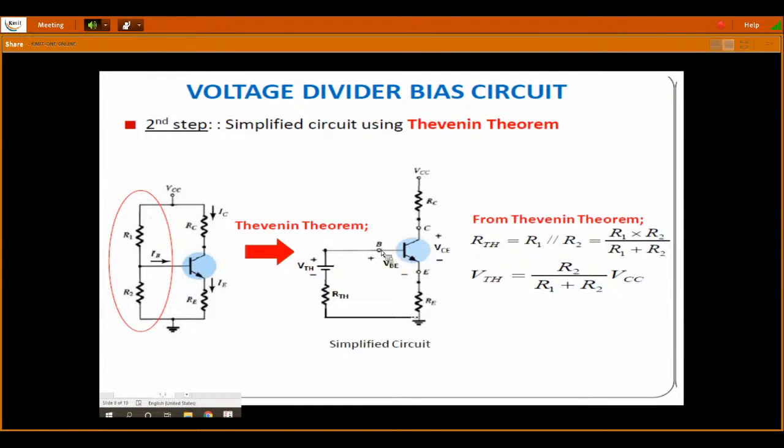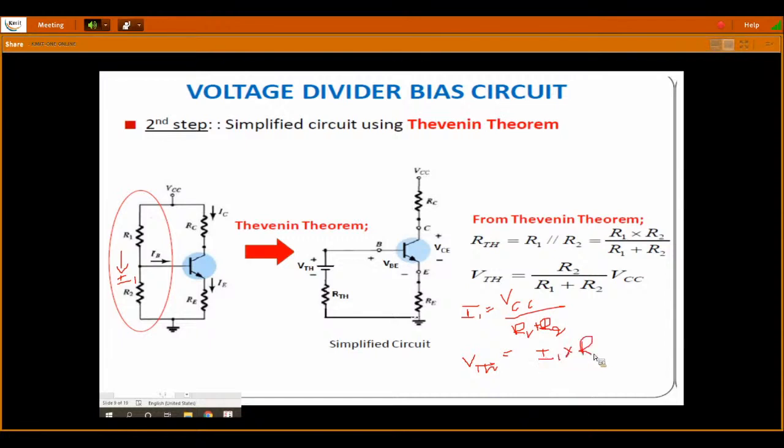the base terminal. The voltage across the base terminal is nothing but the voltage drop due to the current flowing through the voltage divider network. Let me treat it as I1, which is equal to VCC divided by R1 plus R2. The voltage at the base is VTH, which is equal to I1 into R2.